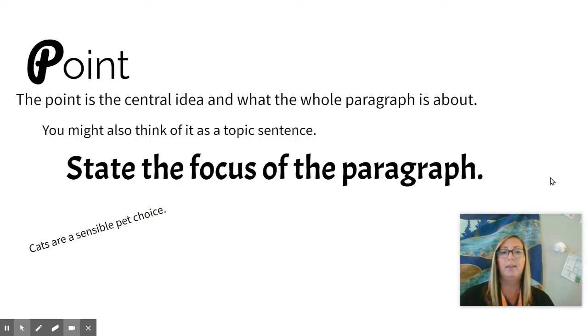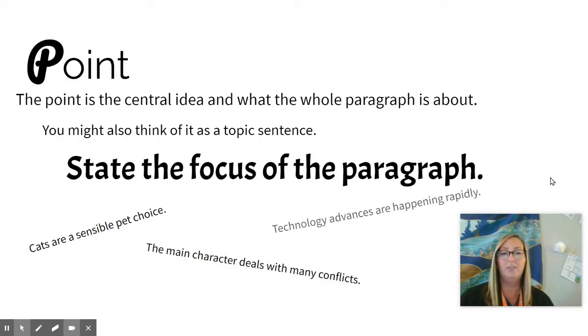For example, cats are a sensible pet choice. I should know as the reader that I am going to read a paragraph explaining to me why that is true and giving evidence why that is true. The main character deals with many conflicts. That means the paragraph is going to be about a character that deals with conflicts. Technology advances are happening rapidly.